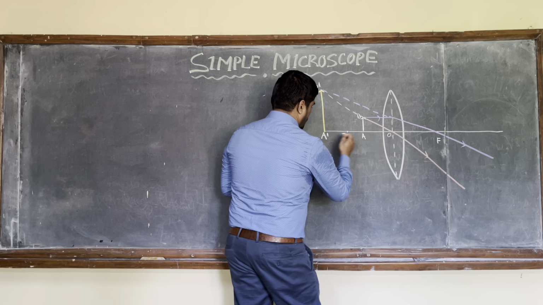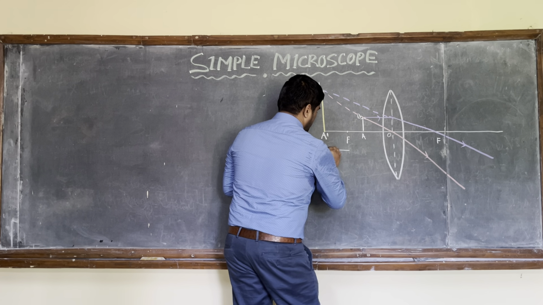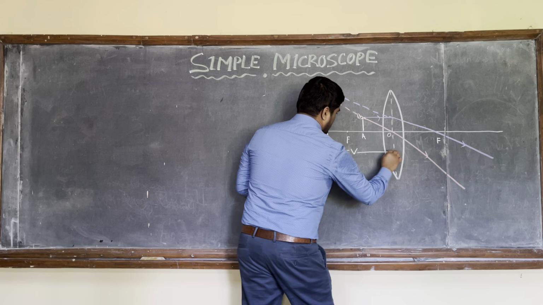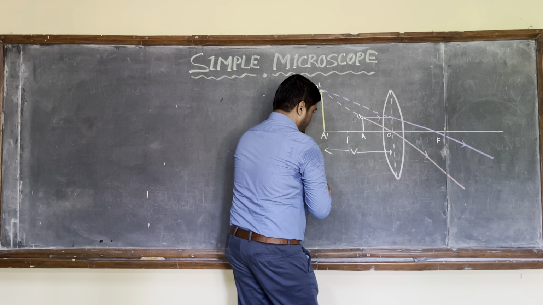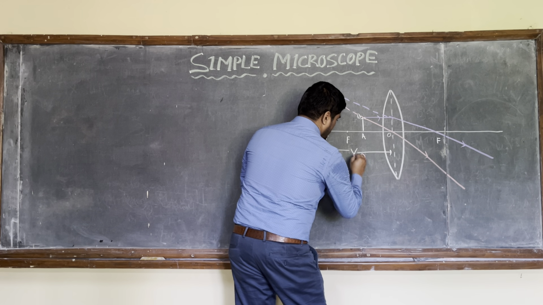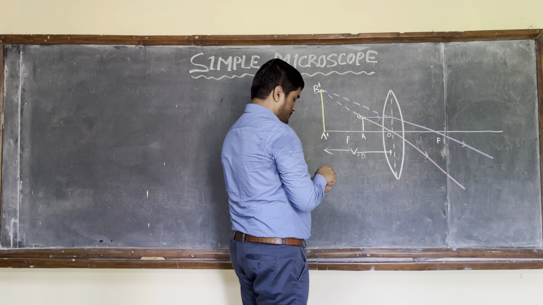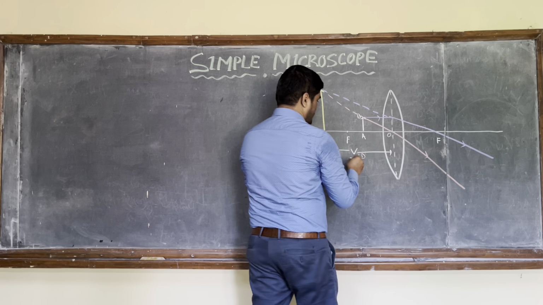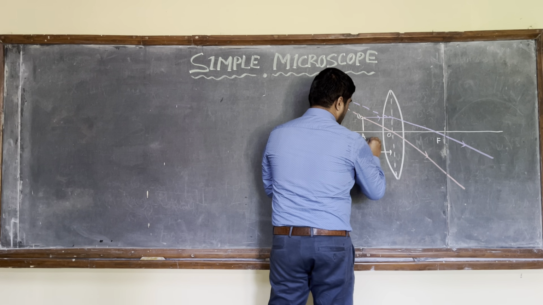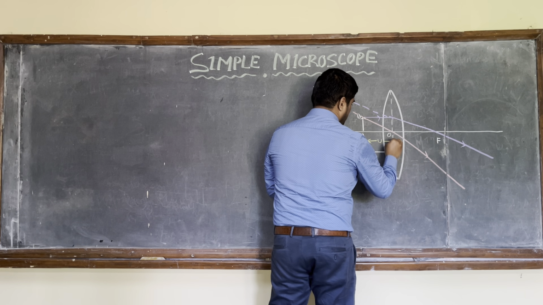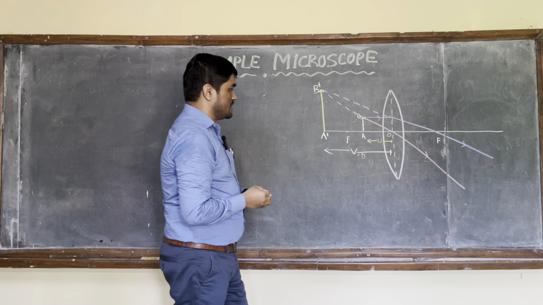So the distance O to A dash, that is the image distance, and here you can say that is equals to D, the distance of distinct vision, and the distance A to O, that is the object distance U.